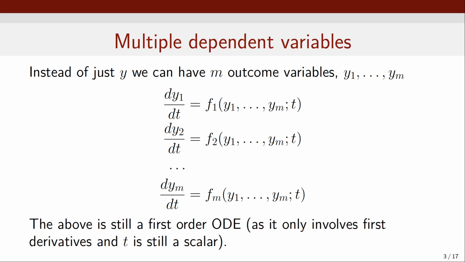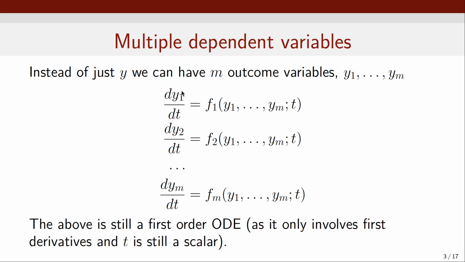So we have a system of ODEs when we have multiple dependent variables. So if instead of just y, we have m variables, y1, y2, y3, and so on up to ym, then we have m unknowns and we have m equations describing their evolution.